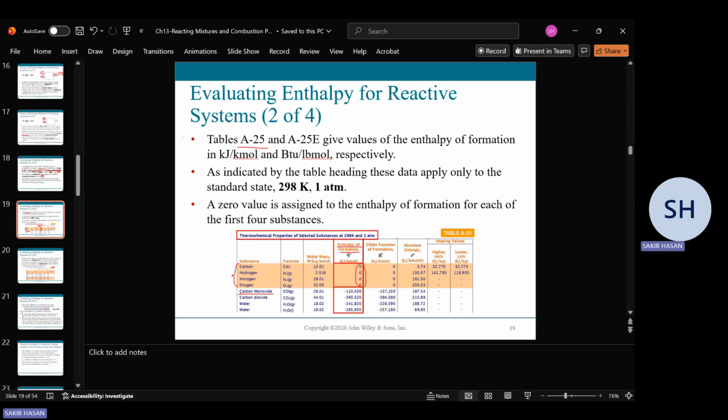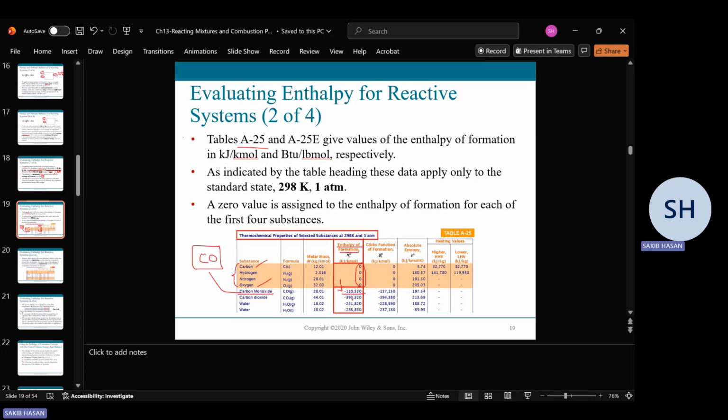However, let's say carbon monoxide, okay? To form carbon monoxide, I have to make carbon react and oxygen react. And when I make these two react, it releases energy. It makes carbon monoxide, but it will also release a little bit of energy. And we denote this with a negative sign.